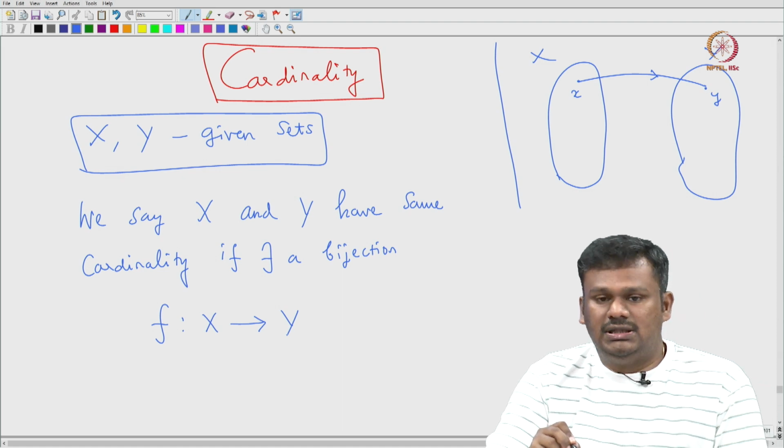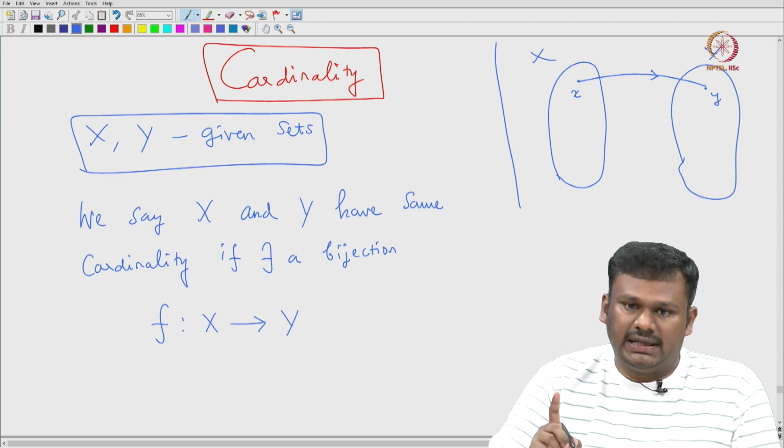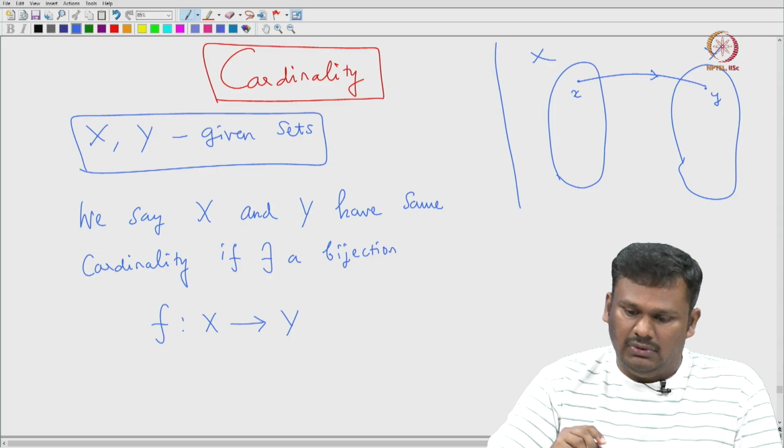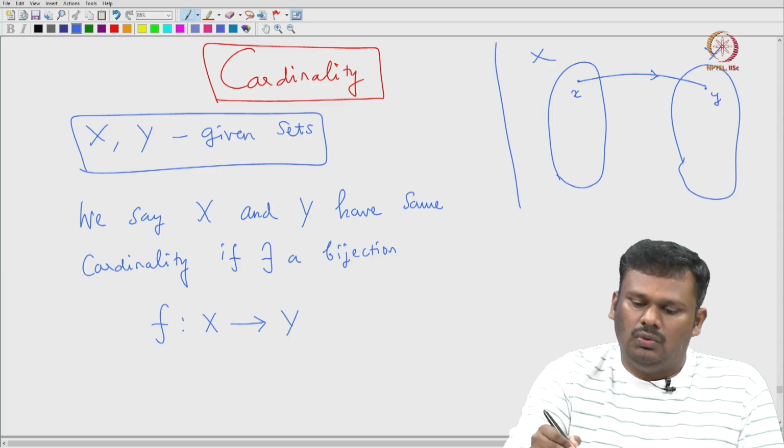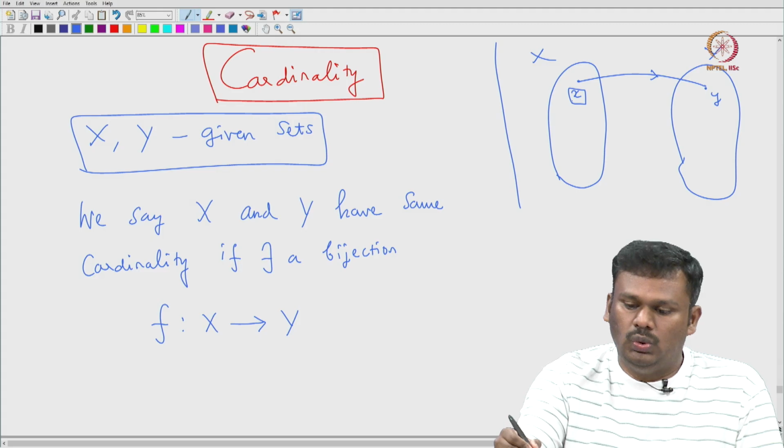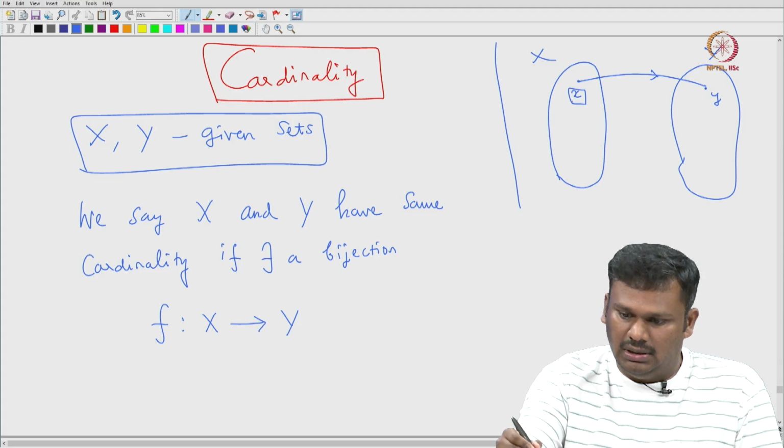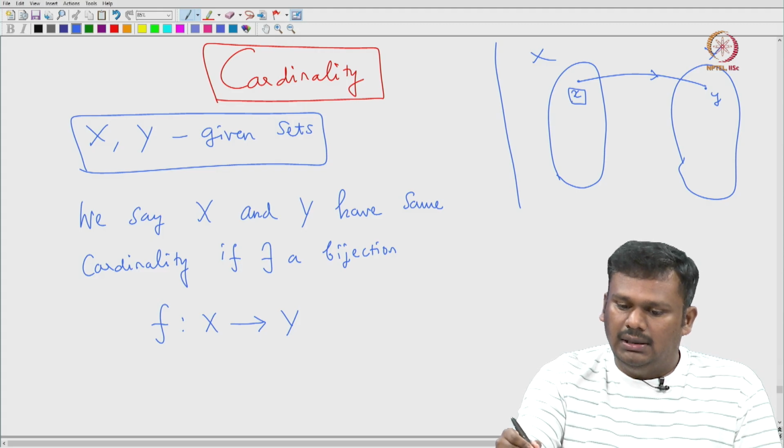Recall that bijection means it must be both injective as well as surjective. Injective means given an element in x, there is a unique image inside your y, and the pre-image is also unique.